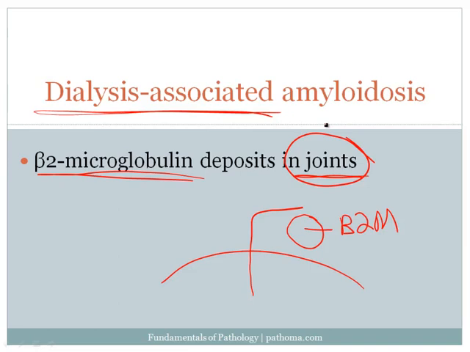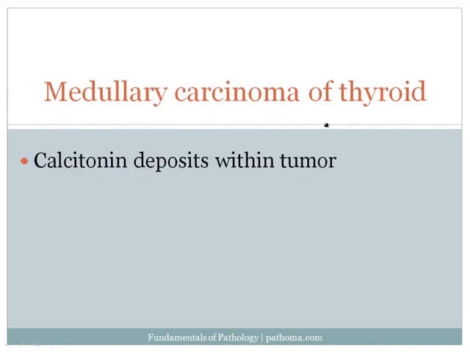The deposition is beta-2 microglobulin. Beta-2 microglobulin is a structural component of MHC class I, and this beta-2 microglobulin will deposit in joints as a localized amyloidosis.